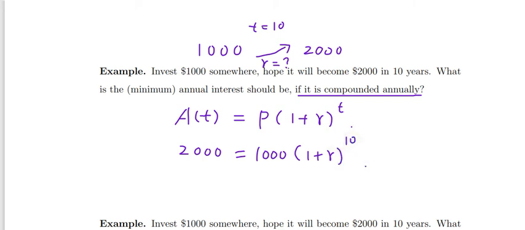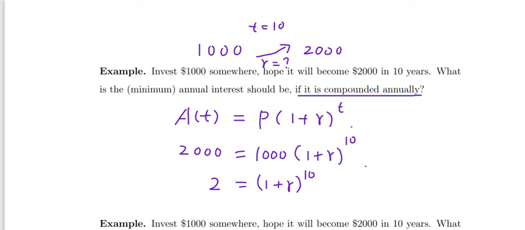Okay, so we get this equation. How can I find this r? At first we simplify. We just divide by 1,000. We say 2 equals (1 + r) to the 10th power, right?